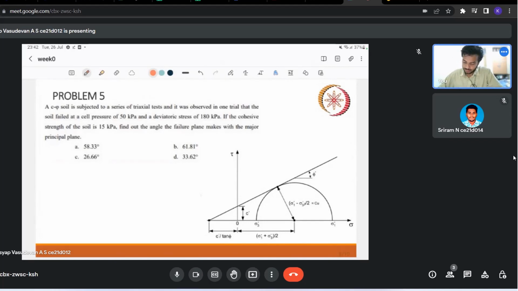Okay, so since we have the failure point as this, and we have the center of the Mohr circle here, there is a way to find out the angle of the failure plane in the Mohr circle. So this is a failure envelope.